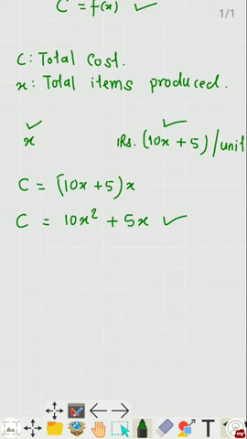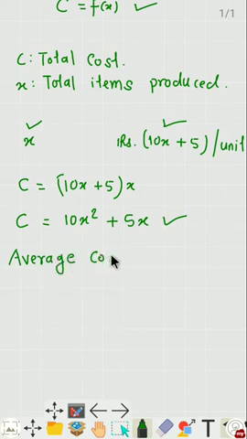On the other hand, if we know the total cost of manufacturing x number of items, then the average cost per item is given by the following. Next is average cost.